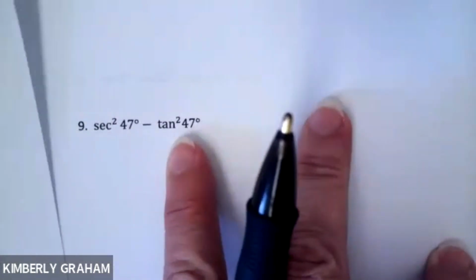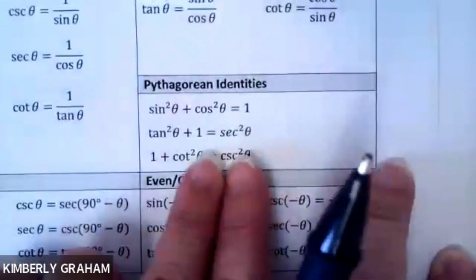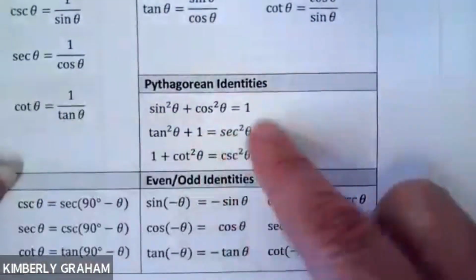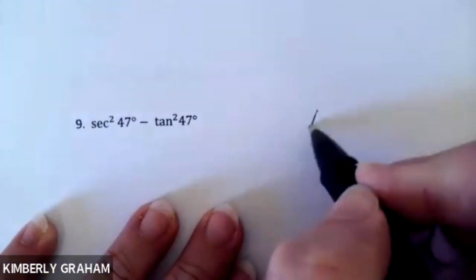So what I have here is squares. So I need to be looking at a Pythagorean identity and see if I can somehow work with that. And I'm given secant and tan squared. So I'm going to be dealing with this formula right here. Go ahead and write this down.